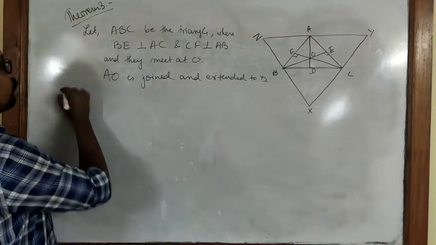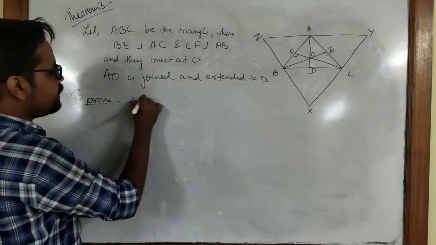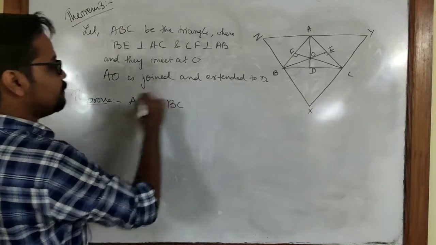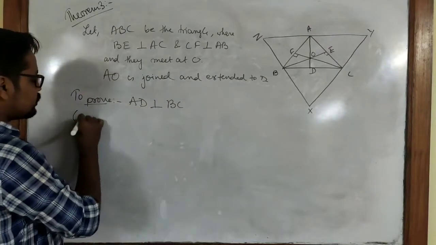So we have to prove that AD is perpendicular to BC, because if we can prove this, then we can prove theorem 3.